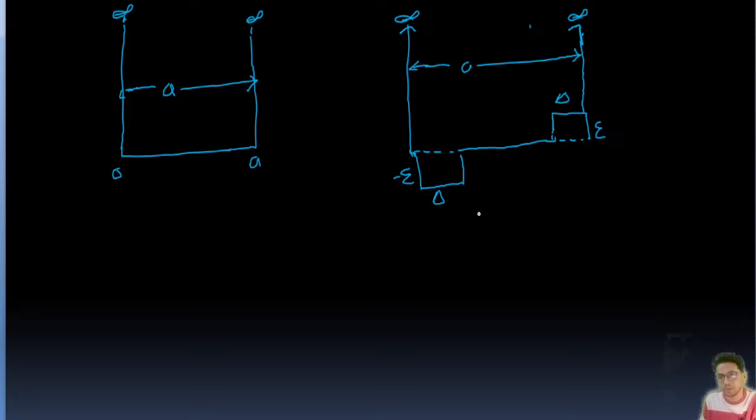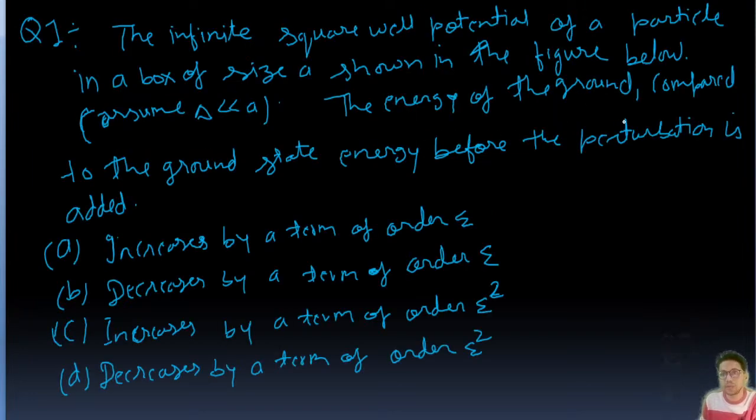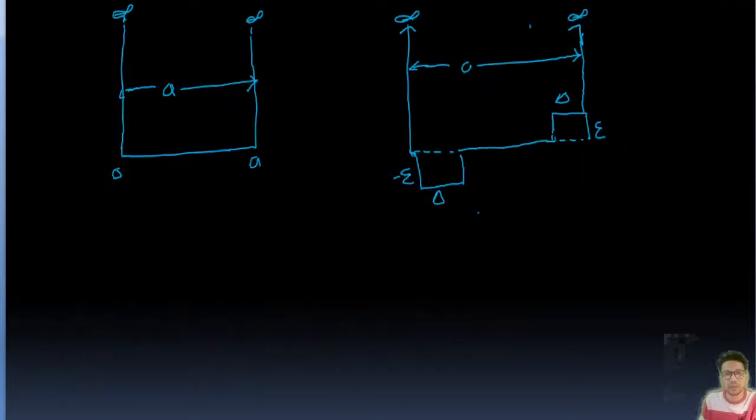The energy of the ground state you need to find out, compared to the ground state energy before the perturbation is added. This is the state after perturbation is added, and this is the state when perturbation is not added.